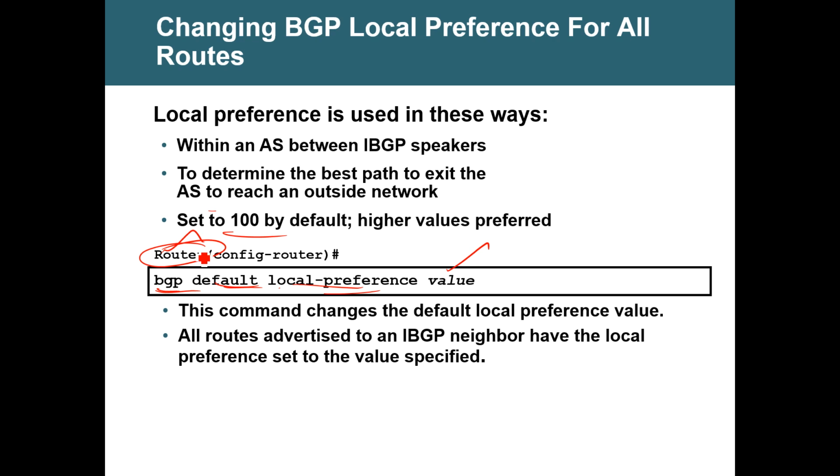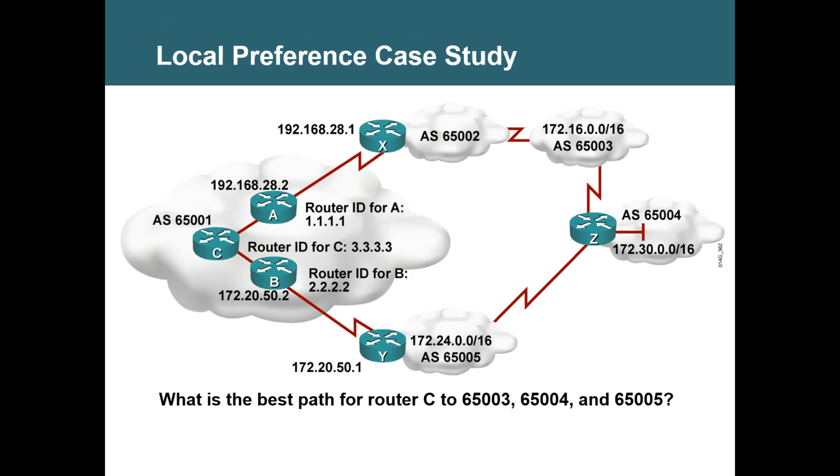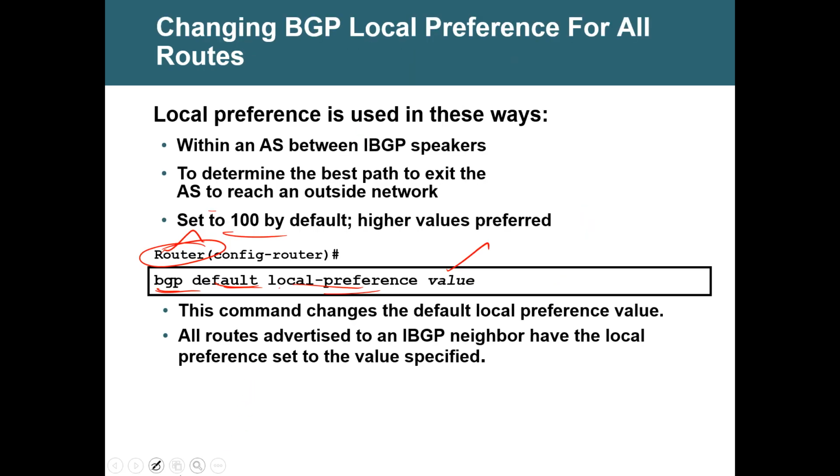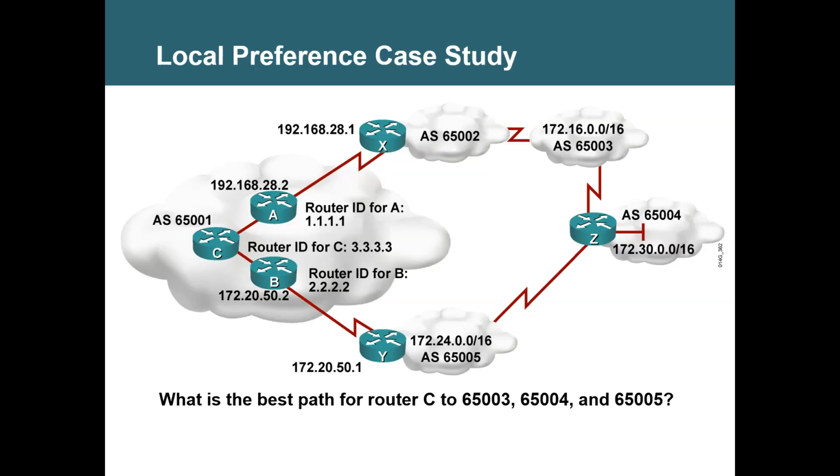Now here is a case study where we understand that configuring local preference globally like this is not sufficient to achieve what we are going to see.